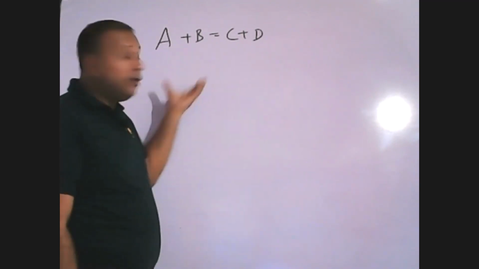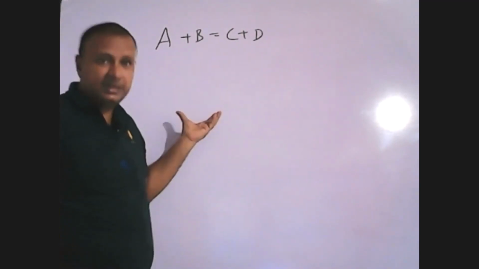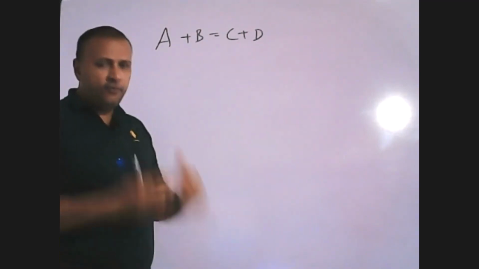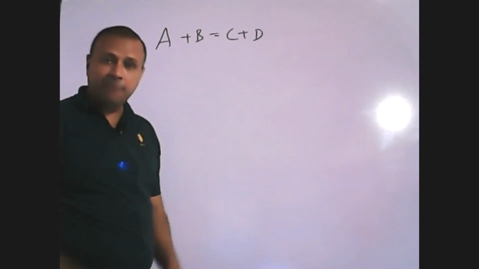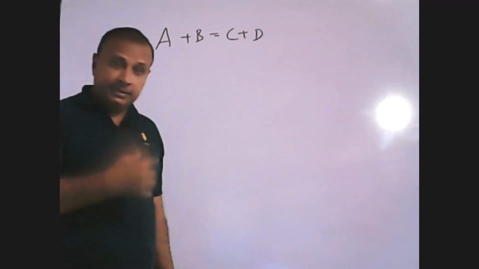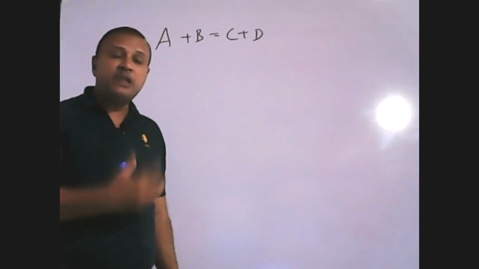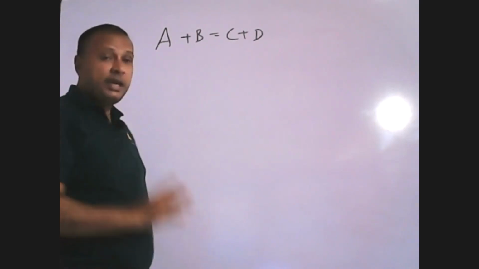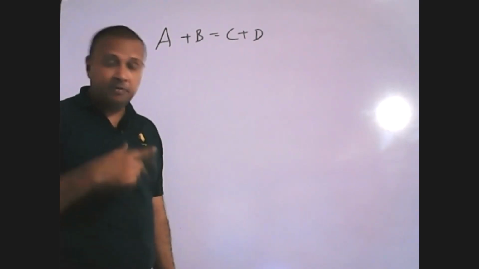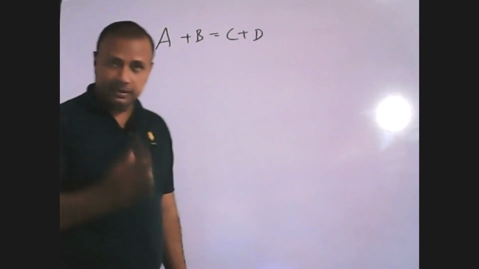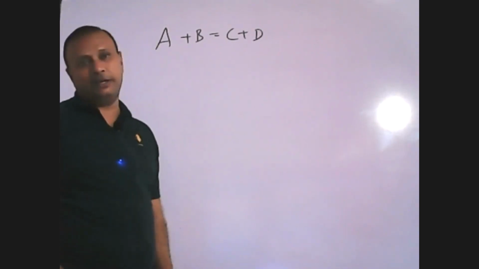That means we have to take the dimension of LHS and RHS. If both sides have the same dimension, we can say this equation is dimensionally correct. If they do not have the same dimension, definitely we can say this equation is incorrect.